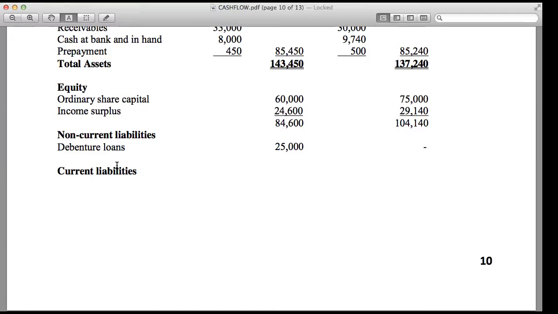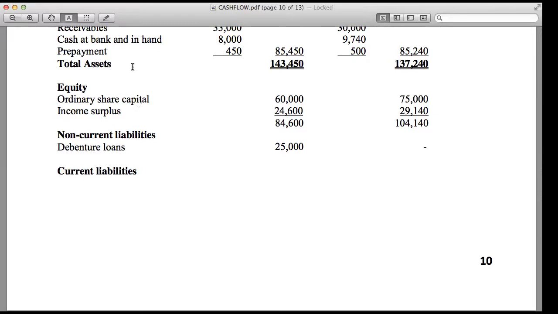With this increase of 15,000, we are going to assume that it's cash because nothing was said in the question. But in a real case scenario, when ordinary share capital increases, that does not mean they've received cash. Sometimes they can also issue shares for free. That's the bonus shares, or in taxation, we will call it deemed dividend or capitalization. So just find the difference, then you are done.